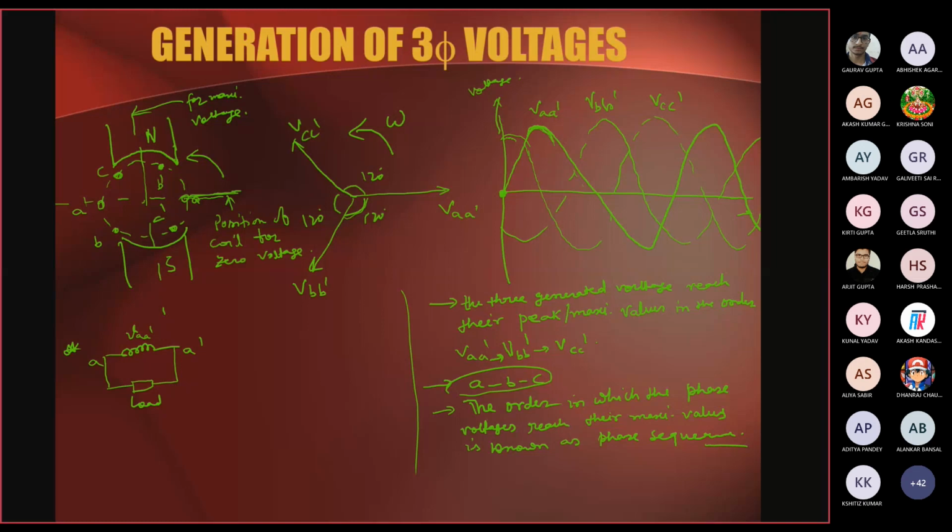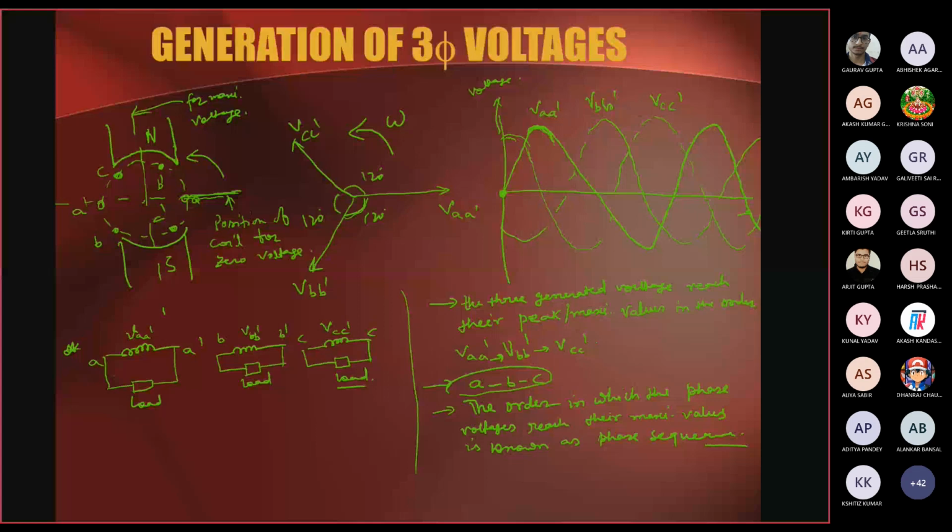Similarly, we have another coil BB dashed. Again, let us consider a load connected across this BB dashed coil. This is your VBB dashed, and similarly for the third coil, this is CC dashed, this is VCC dashed, and this is your load, right? So if we want to supply the loads with the help of three individual coils AA dashed, BB dashed, and CC dashed, then this arrangement should be there to fulfill the three load demands, right?